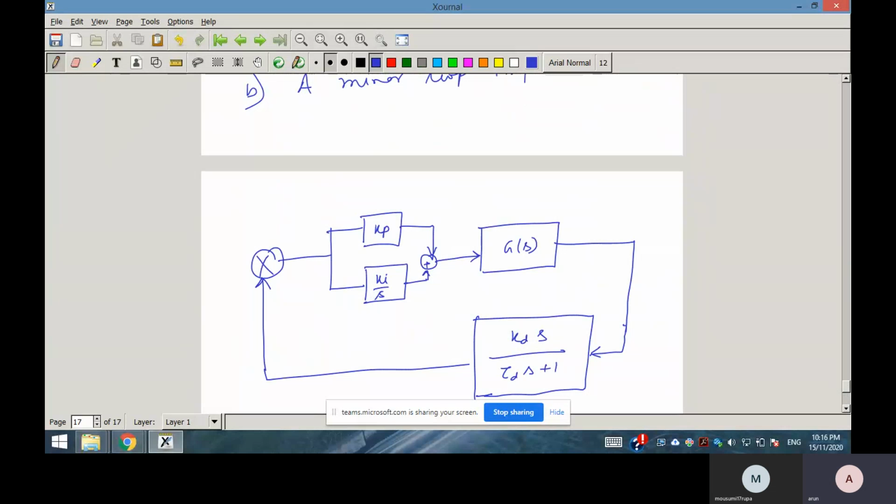Okay, so tau D S plus 1, and this is your output. So this is your reference input. So this is the PI part, and this is your approximate derivative part.